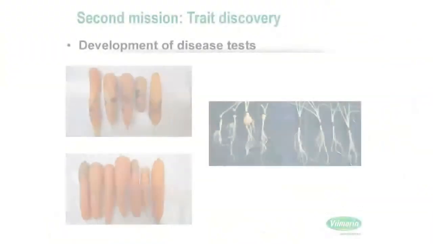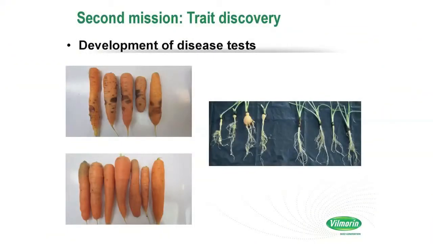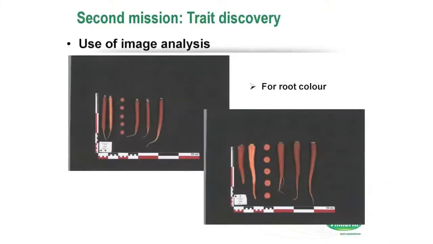For the development of disease tests, there also we try to be accurate. We have some work, for instance, on cavity spot, where we try to have an accurate evaluation for characterization of germplasm. Concerning the use of image analysis, that's really to get accurate and high throughput. We're trying some pilot experiments for different projects, like characterizing root color.